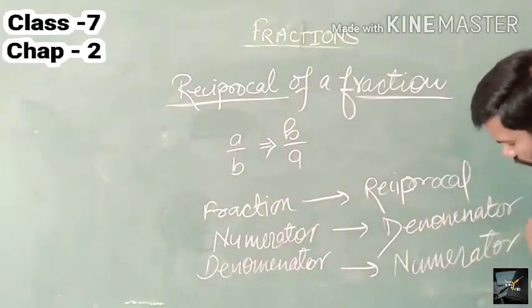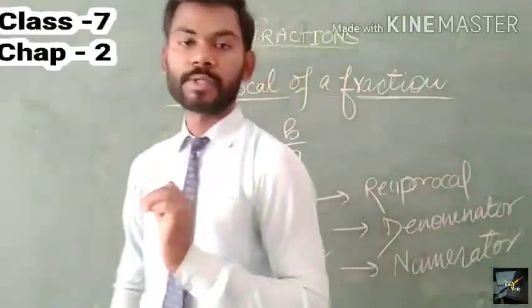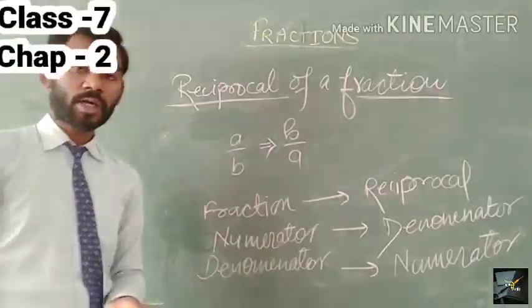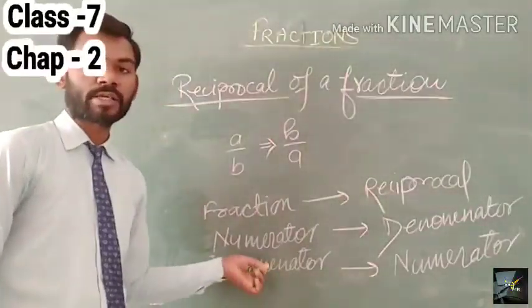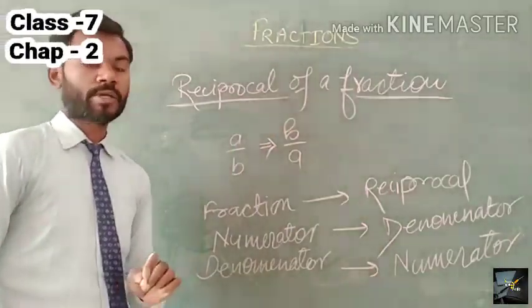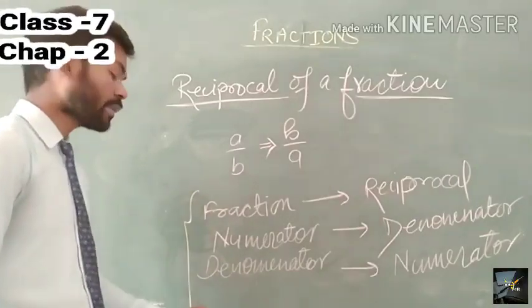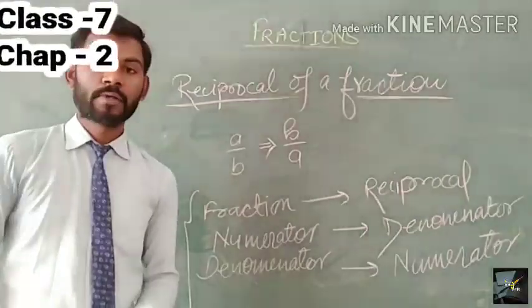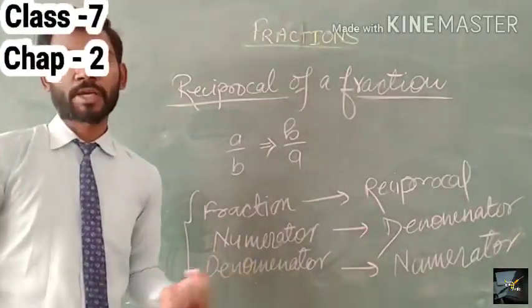Okay, only you have to remember this. In reciprocal of fraction, the denominator changes into numerator and numerator changes into denominator. When you get this idea, then you can write the reciprocal of any fraction.